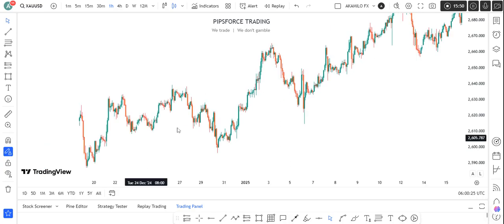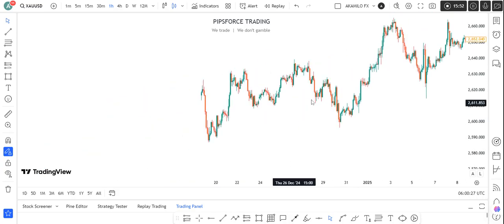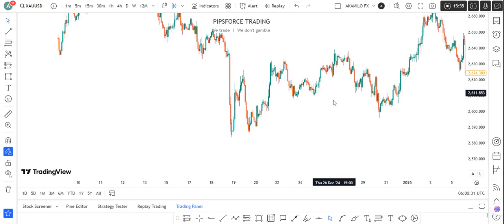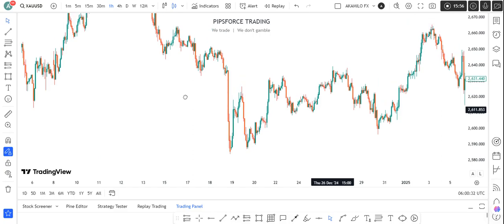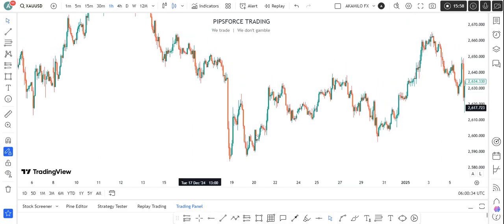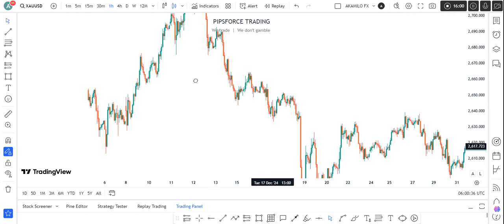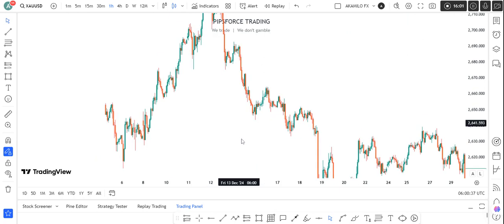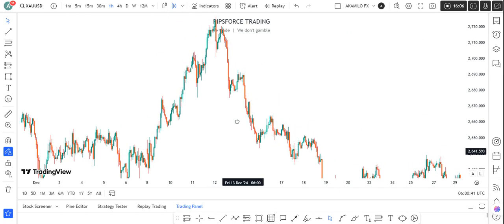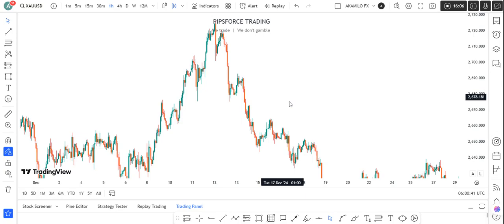So in this case, we'll be expecting to see price take a liquidity beneath, above, and then what? And then later fail to retest.